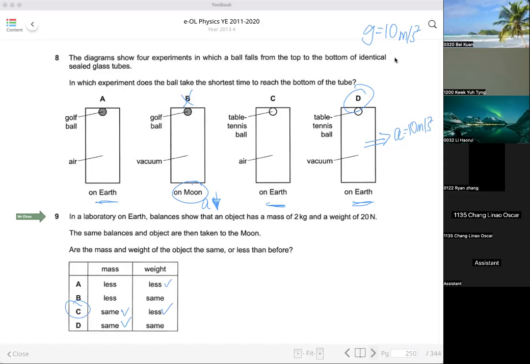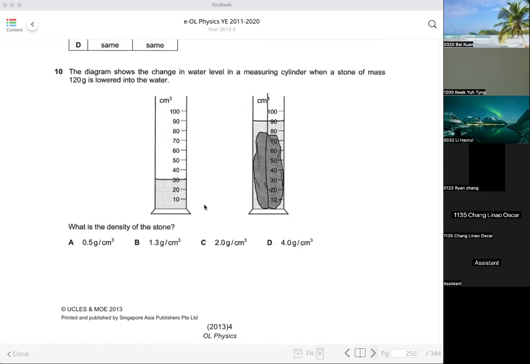Clear so far? Okay, next question. Question number 10, you all may begin.